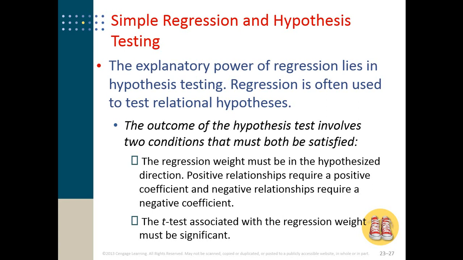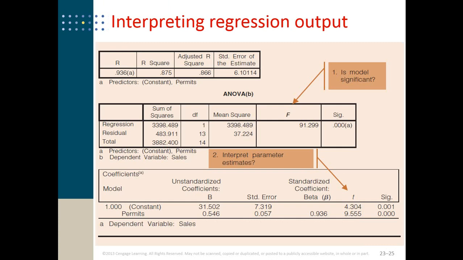And how do we actually look at the statistical significance? So once again, we run a t-test here. When we have a regression coefficient, for example, 0.546, we run a t-test with a null hypothesis that this regression coefficient is equal to 0. That's our null hypothesis.